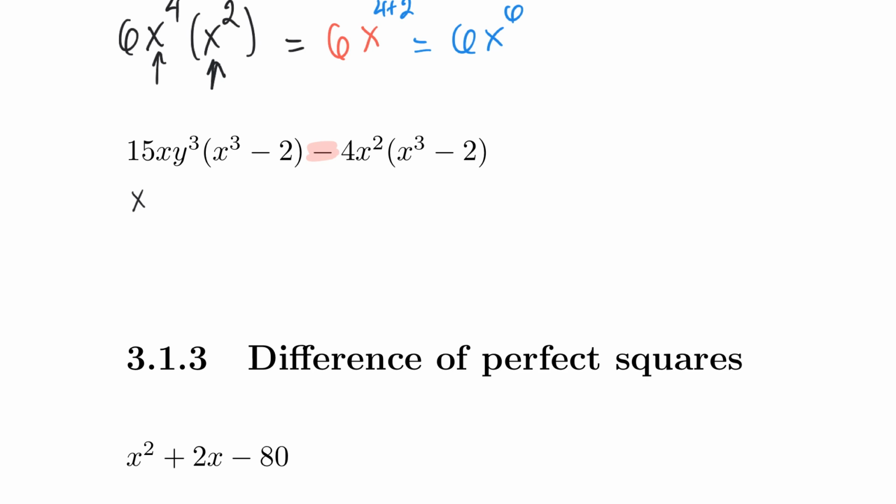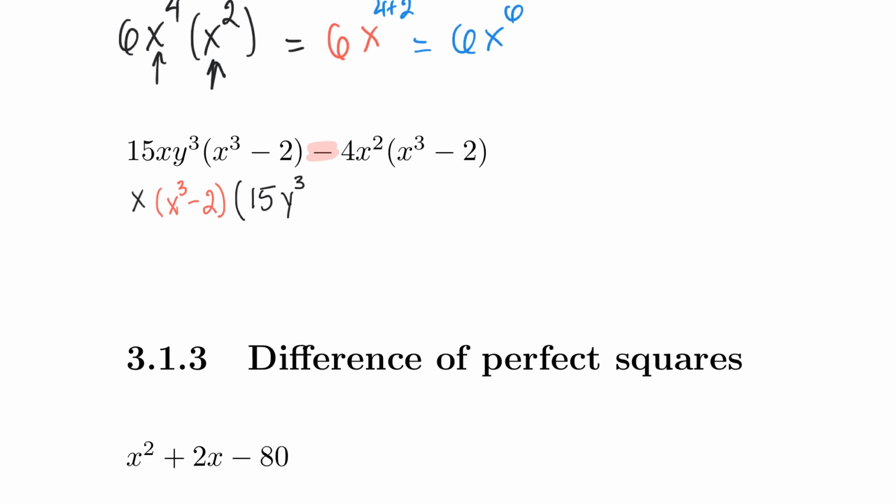We write it down outside the parentheses. So we have parentheses x cubed minus 2. And these two are our common factor, x that multiplies x cubed minus 2. Now by what do we multiply these two? Well, we multiply by the parts that couldn't be factorized or didn't have a common factor, which were 15y cubed.